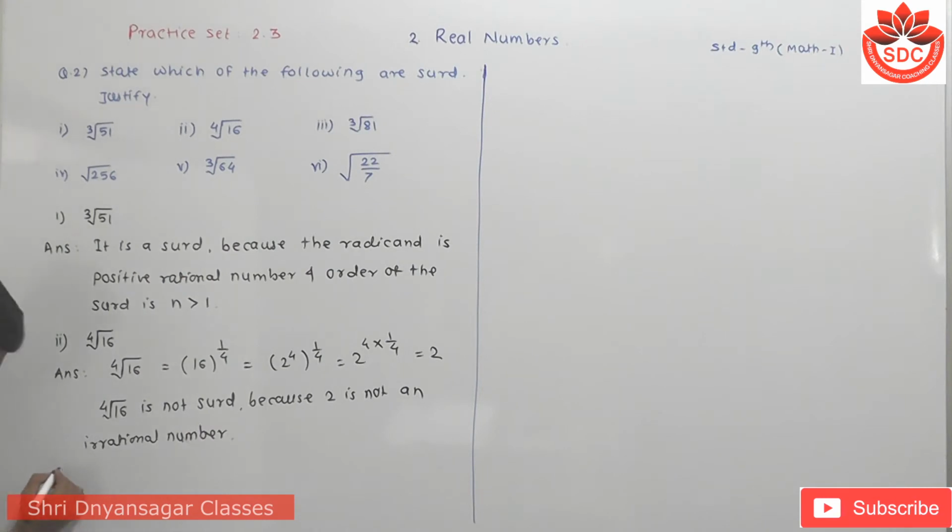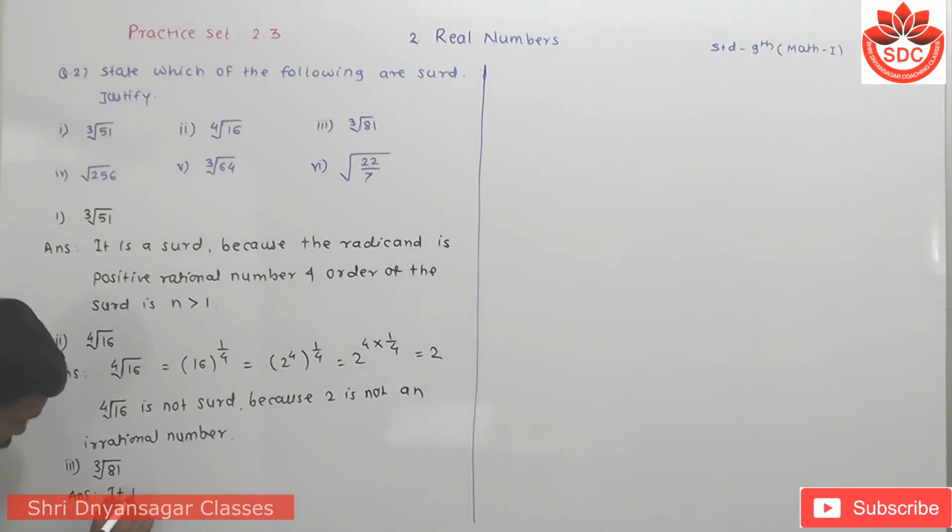Then we take the third one, the cube root of 81. Answer of it: look here, 81 is 3 raised to 5 and its order is 3. That means 81 is a positive number, which is a rational number, and n is greater than 1, so it is a surd.